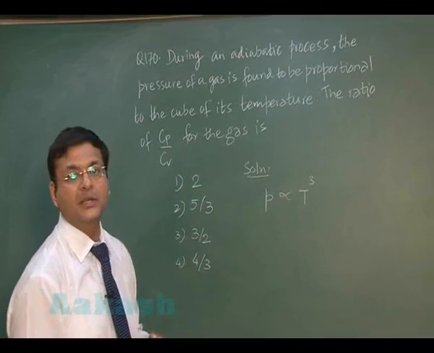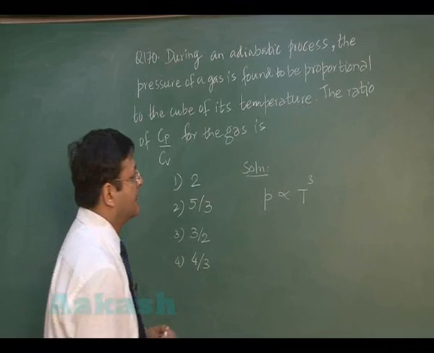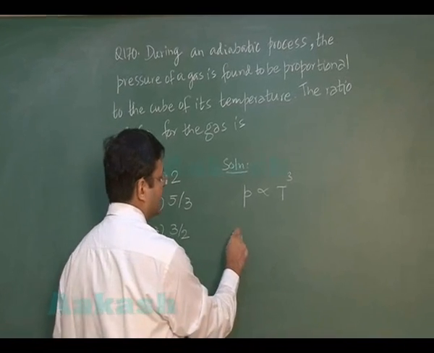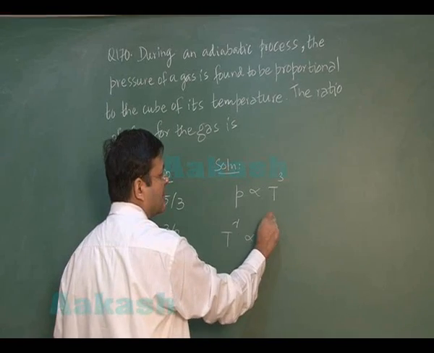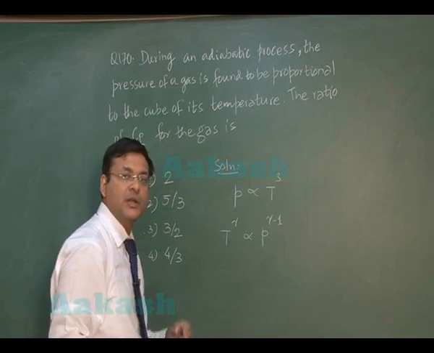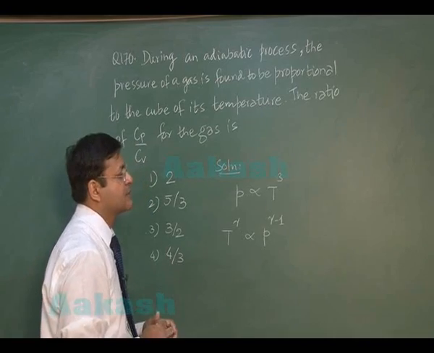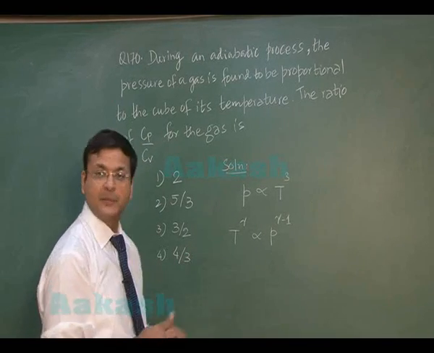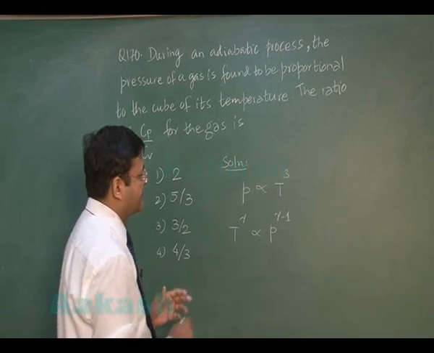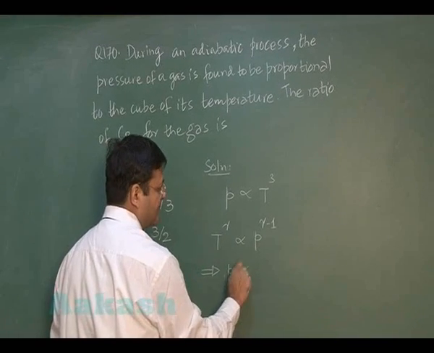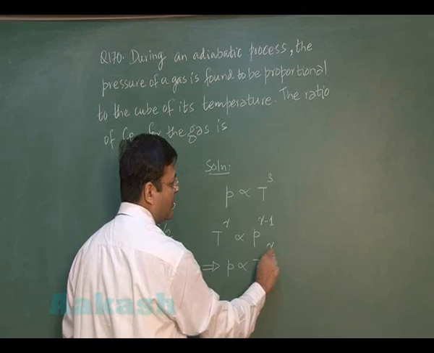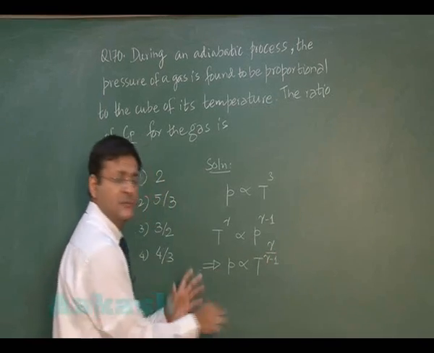Now if you go by the usual relation, you have seen that we happen to say T raised to the power gamma is proportional to P raised to the power gamma minus 1. This is the usual expression so long as adiabatic process is concerned. And if you again try to simplify this, you are trying to say P is proportional to T raised to the power gamma upon gamma minus 1, isn't it?